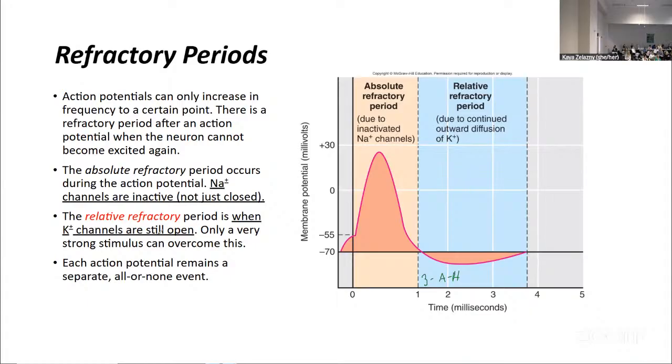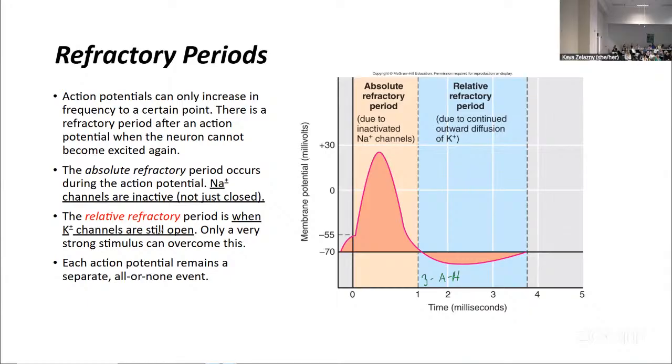This means that if you send in a stimulus that would usually cause a graded potential, instead of just fighting against this potassium that's leaving through leak channels, like it does everywhere and always, you'd also be fighting against the fact that extra potassium is coming out of these voltage gated channels.